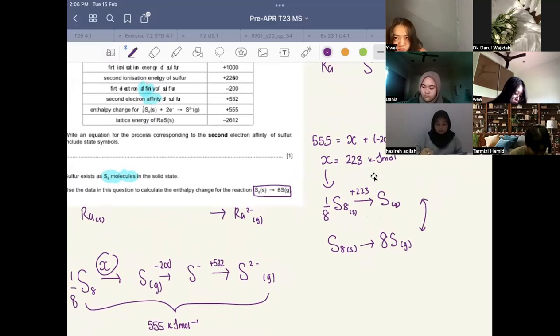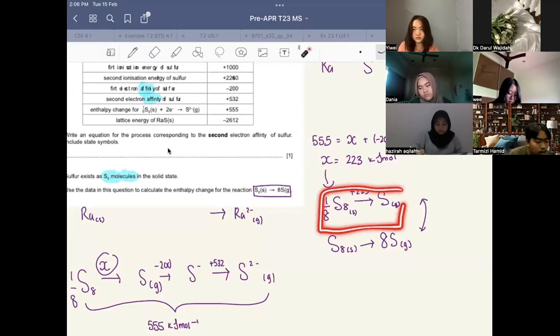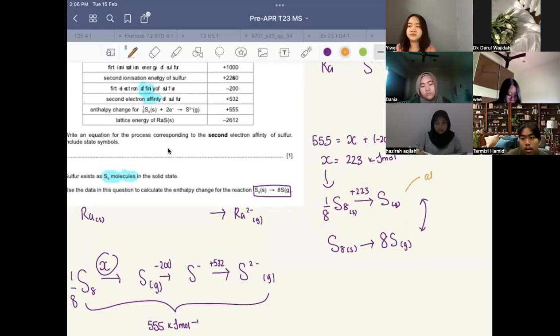Would anyone like to answer? How can I use 223 to answer what the question is asking for? This is actually atomization. Sorry, yes? Times 8. Yes, correct. Times by 8.